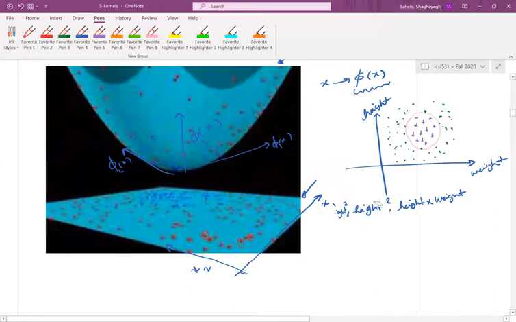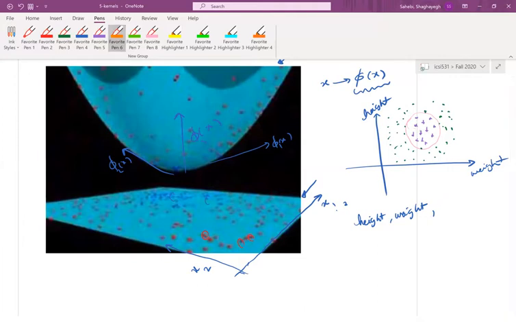We can, for example, represent our data this time according to height, weight, and R, that is basically the distance between my data point and one point in the middle.